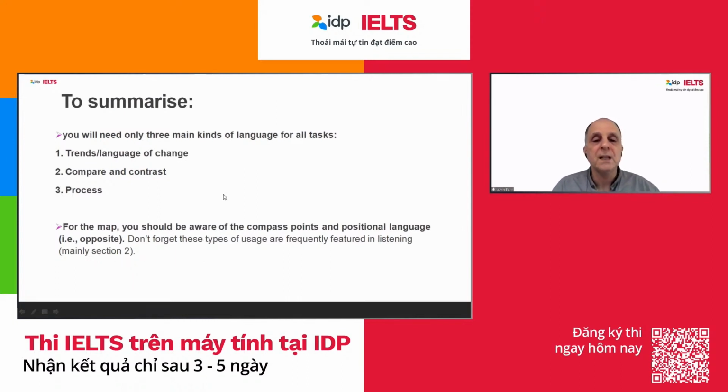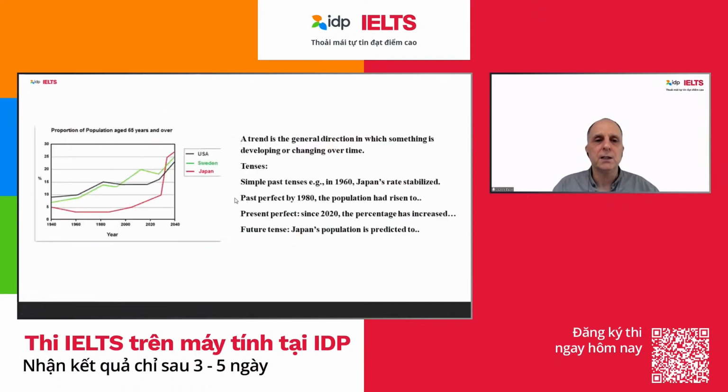Okay. So from those, let's go into a little bit of the language or the grammar here. Remember some of the past tenses you might need. Always highlight as well. We can use the past perfect, present perfect, and some graphs go in the future.